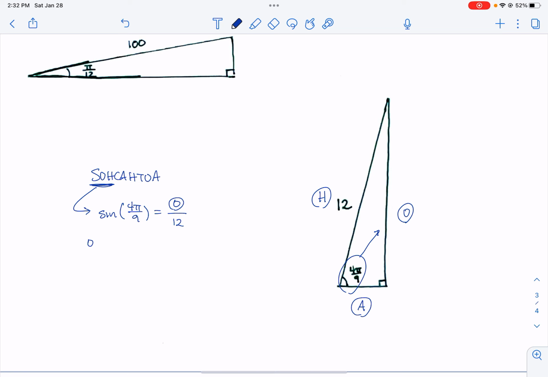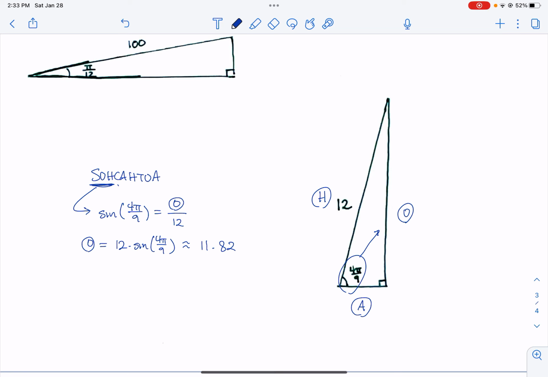And if I solve, that tells me the opposite side equals 12 times sine of 4 pi over 9. I'll go ahead and calculate that. 12 times sine of 4 times pi over 9 gives me about 11.82, which makes sense. 4 pi over 9 is a fairly big angle, so we should get an answer that's very, very close in length to the hypotenuse.